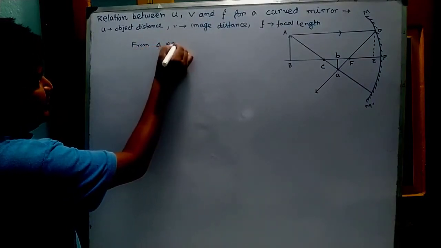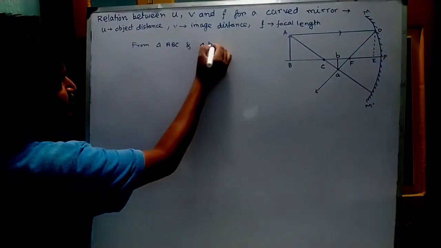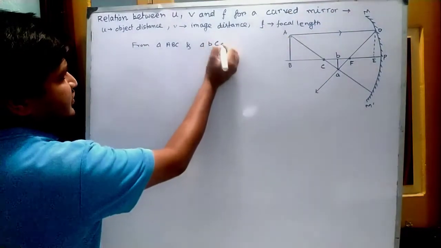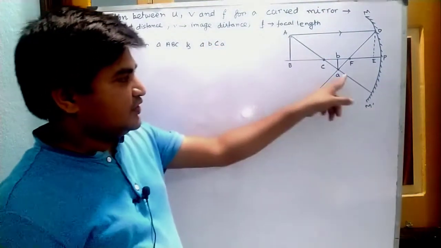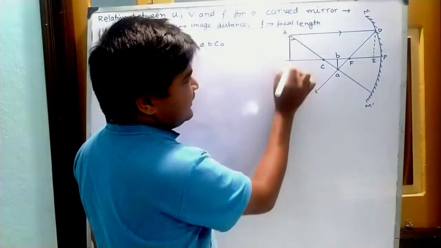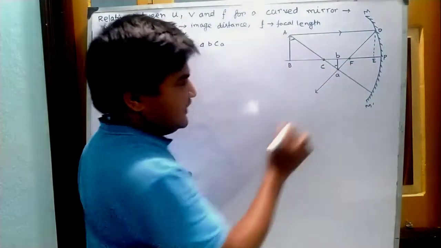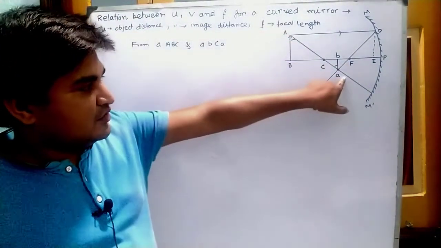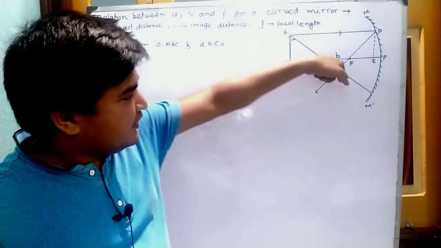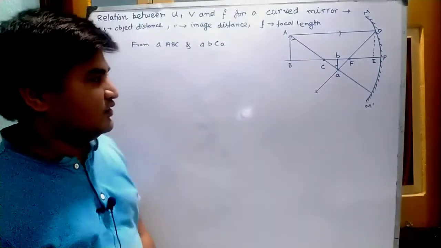triangle ABC and from triangle A'B'C. From ABC, angle BAC equals angle B'A'C, as AB and A'B' are parallel to each other and AA' is the intersector, so they are alternate interior angles.